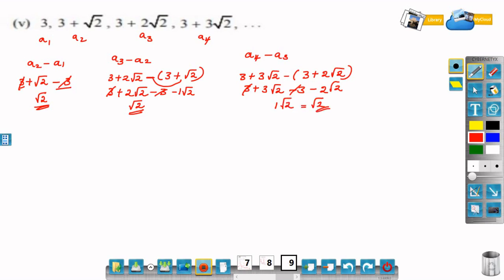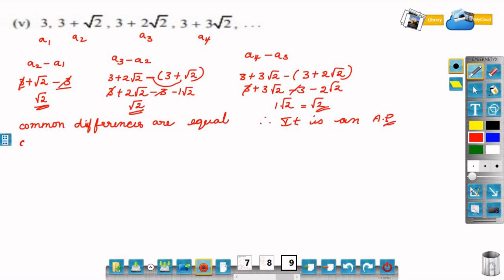We got the common differences equal. Common differences are equal, therefore it is an AP.